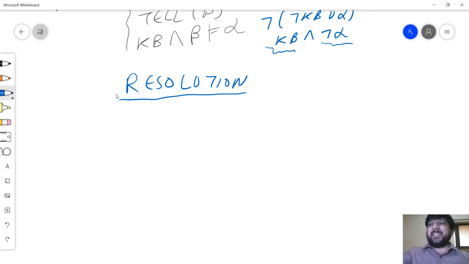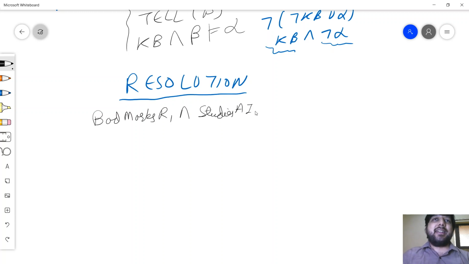Okay, let's get to the example first, and I'll go on to the generics later, which you can anyway get in the book. I had a rule which said bad marks R1 and studies AI R1 implies not honest R1. Honest R1, my bad. So somebody's got bad marks, he's honest.